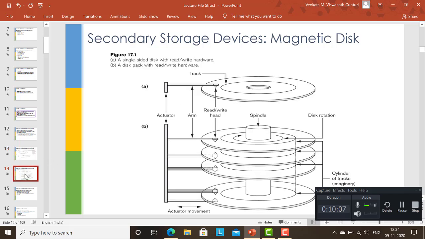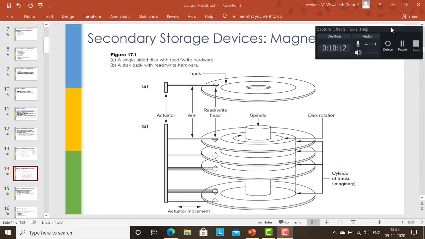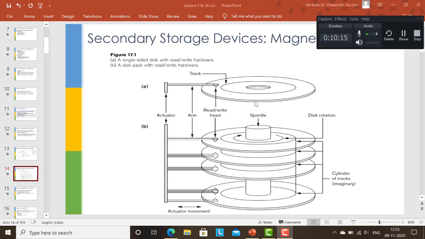Now, when you look at a magnetic disk, it has several surfaces, and each surface has several tracks, and they are stacked together, one on top of the other, on a spindle, right? This whole system of surfaces rotates, and then there is a read write arm, and that arm goes in and out to read different tracks.